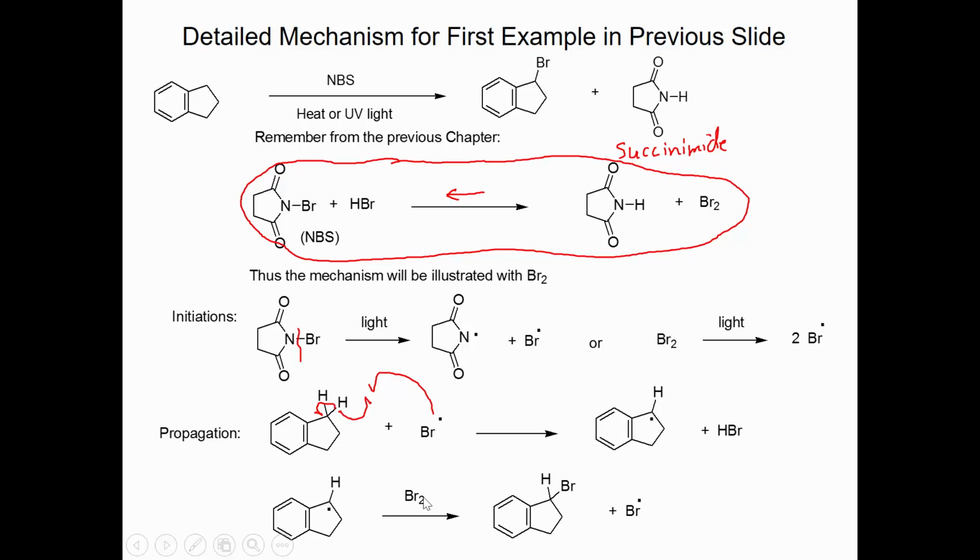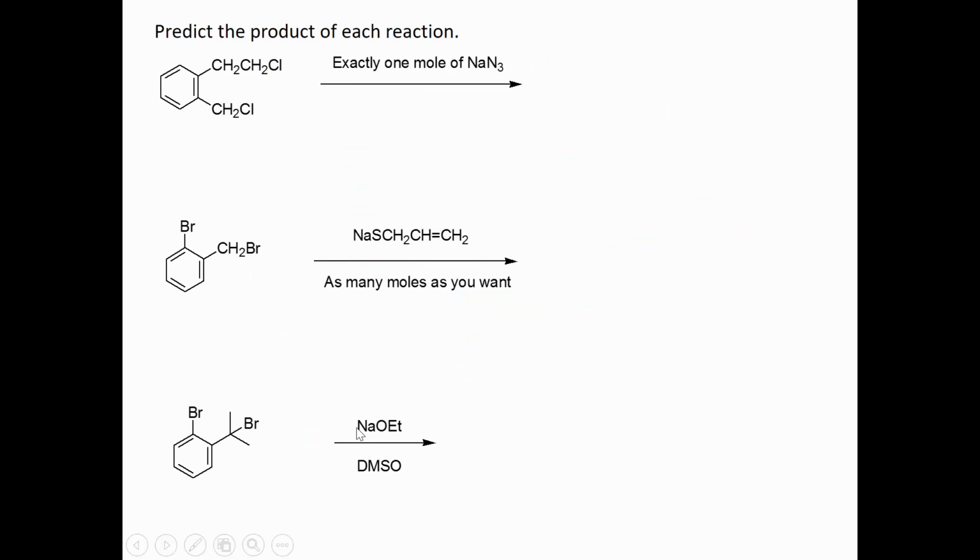All right, this is now going to react with bromine in a bromine atom abstraction reaction to generate our other product, and our bromine radical is going to re-enter the cycle up here, and this is how virtually all of our product forms. There's some termination steps where you take any of these free radicals and randomly combine them, but the most important part of the product formation occurs in the propagation.